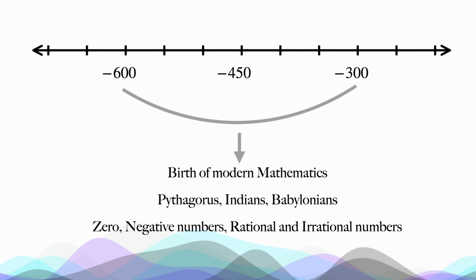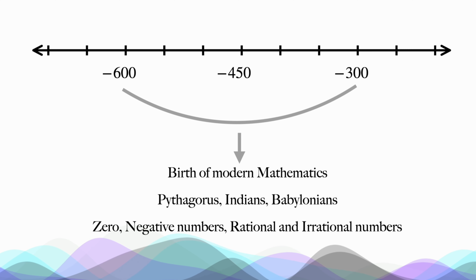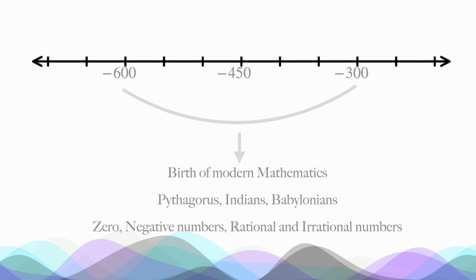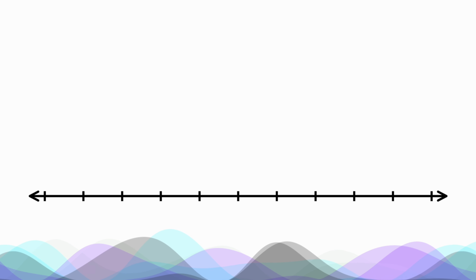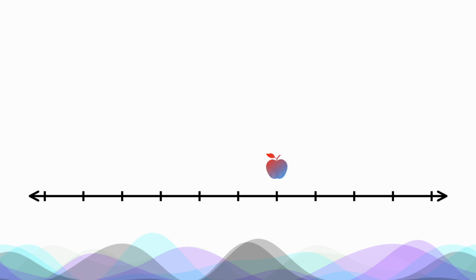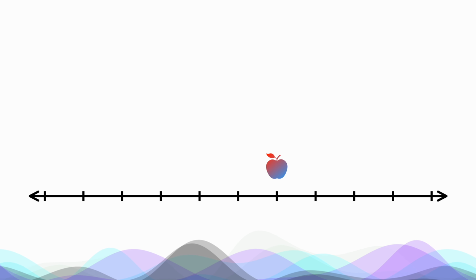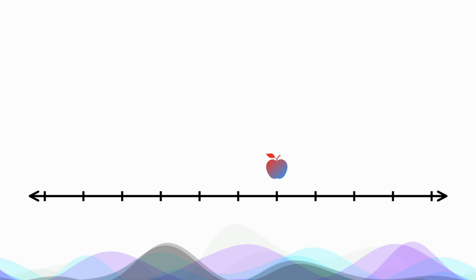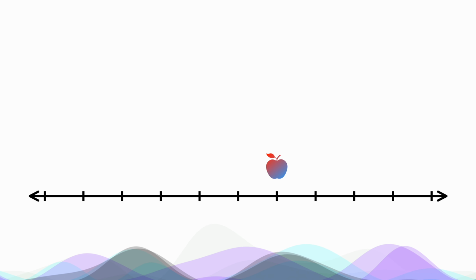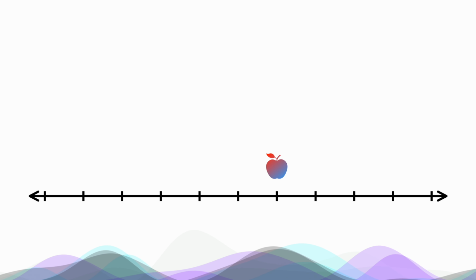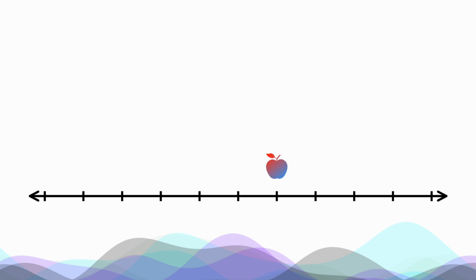Okay, so let us look at a very common object that we all are familiar with, an apple. Let's say we have to represent an apple on a number line. So figuratively, how can we do it? Let's say we have just one apple and we put that apple in a bucket, as you can see here.